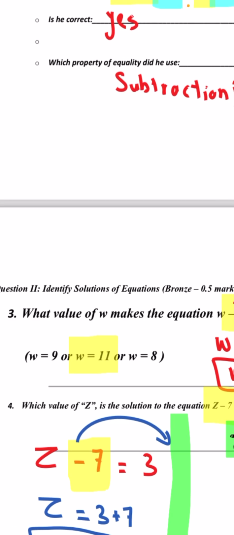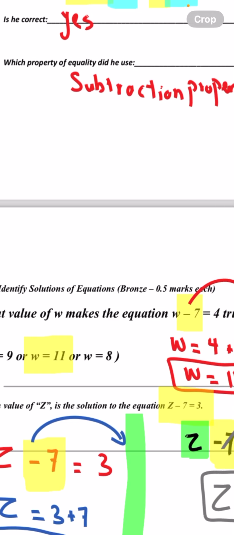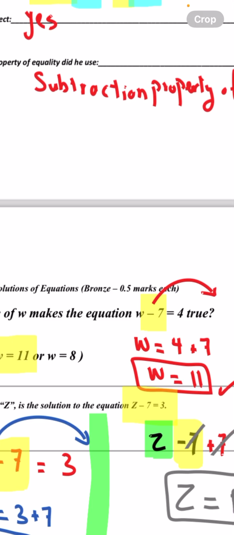So w equals 9, or w equals 11, or w equals 8. Here we can just try the answers. We try 9 minus 7 equals 2, which is not 4. If we try 11, 11 minus 7 equals 4, which is true.